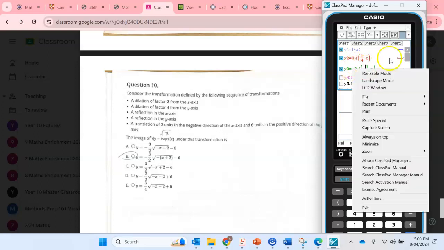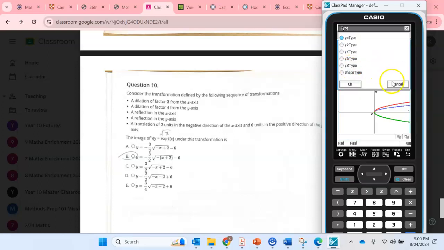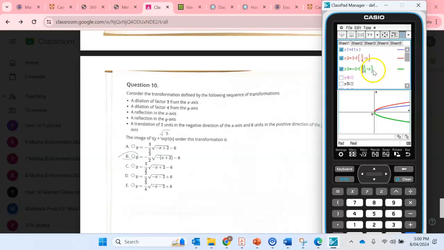All right, bring that down here, just so we can see them all. All right, so there we can see it.